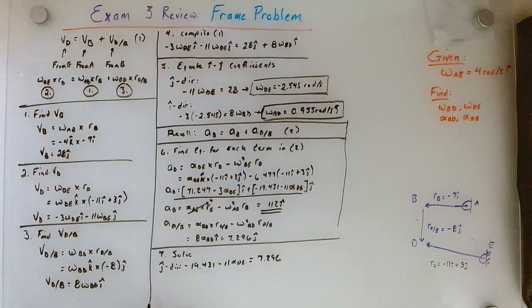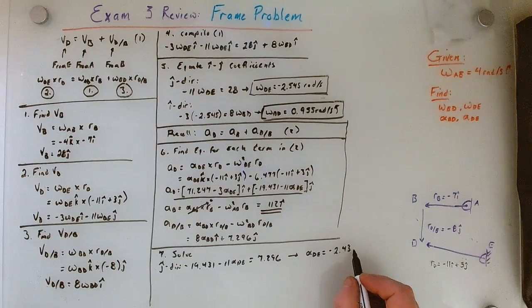So what do we got here? We got 7 plus 19.431 divided by 11. And when we do that, this gives us that alpha DE is equal to minus 2.43 radians per second squared.